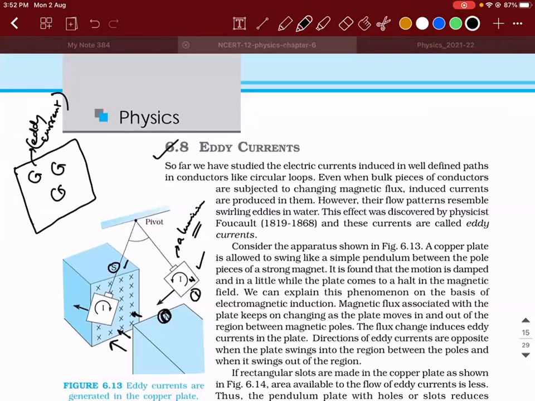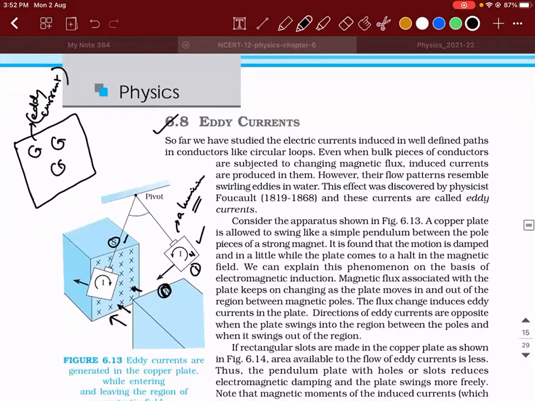So can I give a statement, sir? There is no statement involved. You need to understand this. You read this, no? We have studied that electric currents are induced in well-defined paths in conductors like circular loops. Even when bulk pieces of conductors are subjected to changing magnetic flux, induced currents are produced in them.